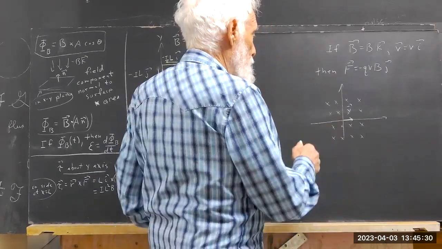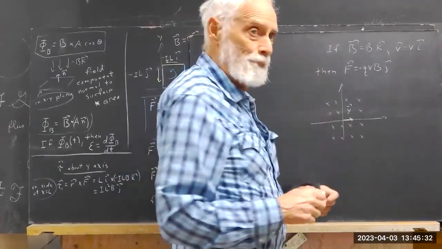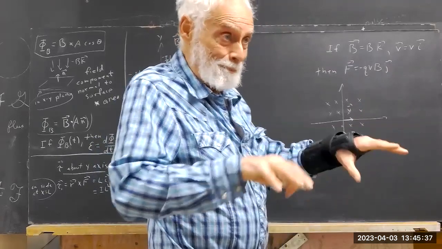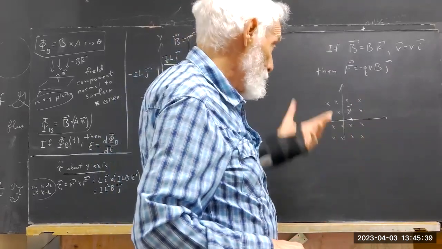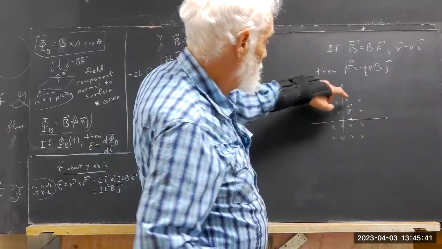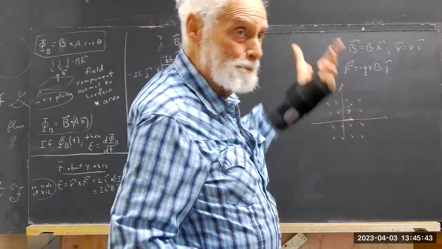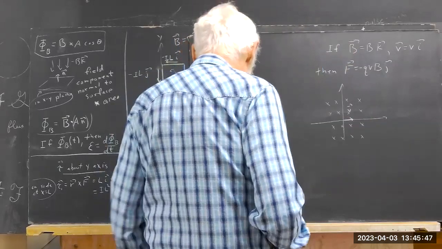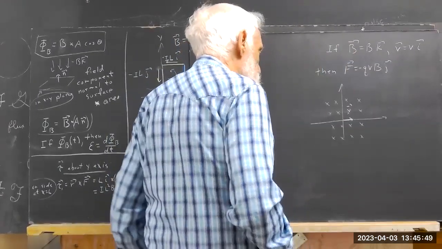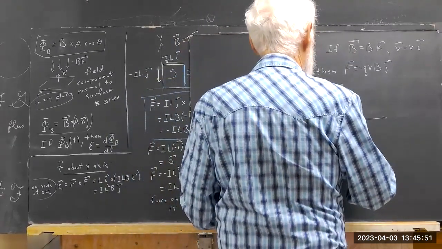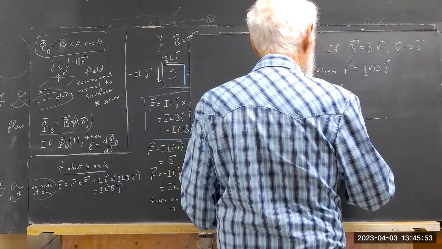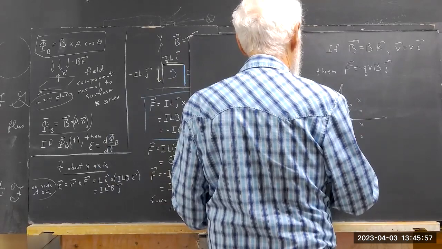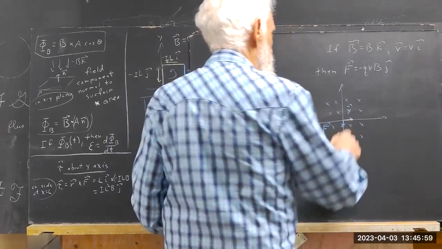If it goes into the paper, it leaves a little hole. On the other side of the paper it pulls out. Okay, so I believe that's convention. I never looked much. I've got it backwards. Well, I'll get it straight. Okay, there we have this. Then the force is this guy.